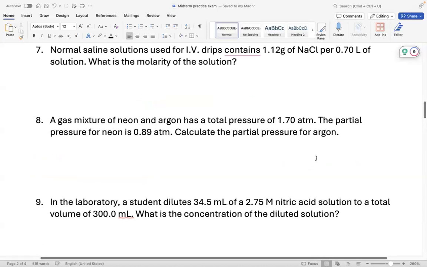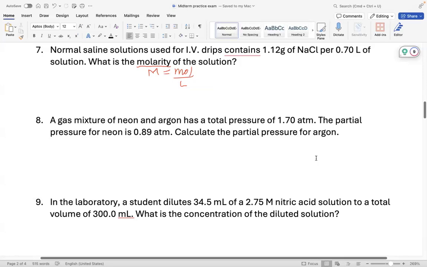So 7, a normal saline solution for an IV drip contains 1.12 grams of NaCl per 0.7 liters of solution. What is the molarity of the solution? So you have to be able to recognize that molarity is big M, and remember that big M is moles over liters, which I probably will give you in the reference sheet.